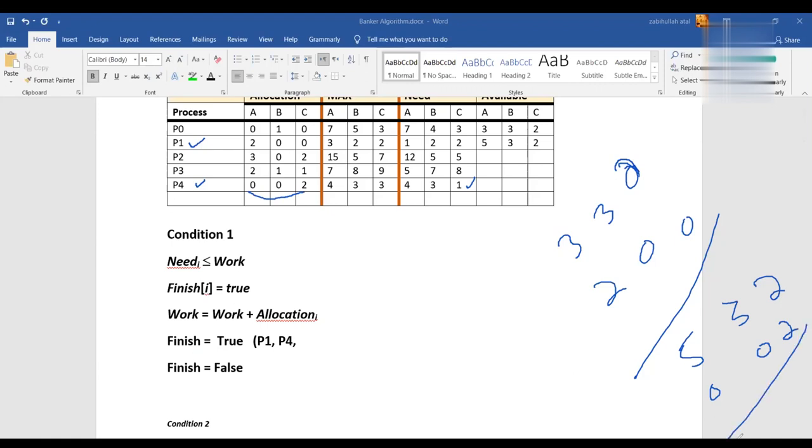So it's equal to 5, 3, and 4. Now the system has 5 instances of resource A, 3 instances of resource B, 4 instances of resource C. Okay.